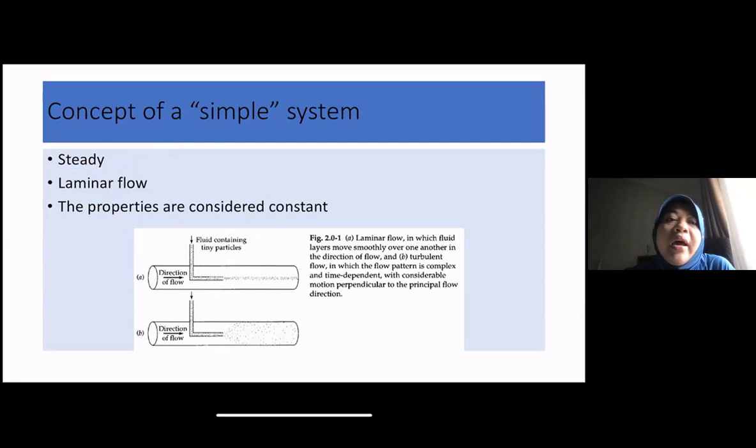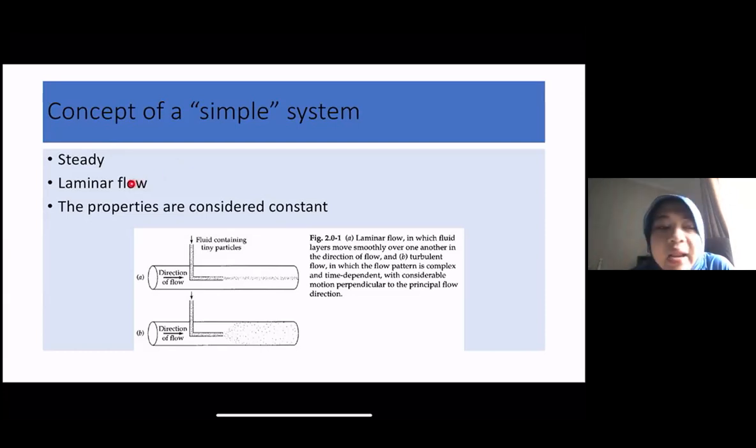For example, you have a reactor and you want to know the composition of the reactant and the product in the reactor at every time, and how it's changing. That is called a transient system. But in this case, we just think that it is steady, and we don't consider time because everything is in a steady way.